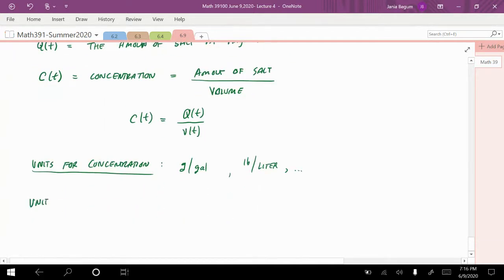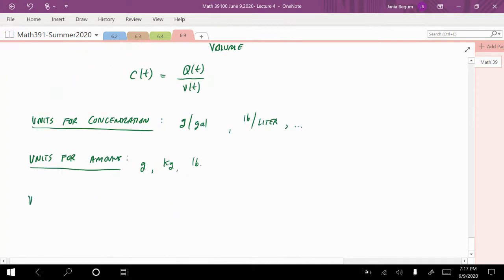And then we should also know the units for amount. So that, I already mentioned, it could be in grams, kilograms, or it could be in pounds. Okay, and then units for volume, that could be measured in gallons, right?